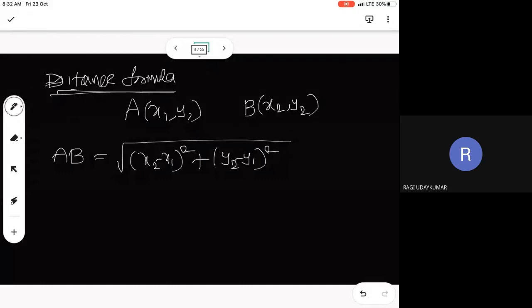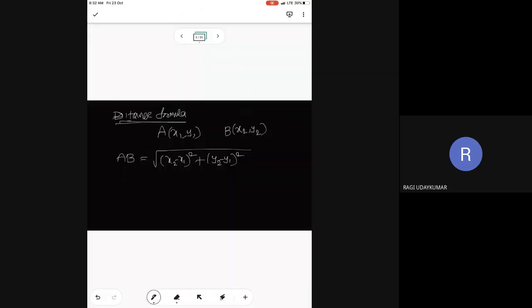So this is the distance formula, the distance between 2 points. Simple. Any 2 points if given.